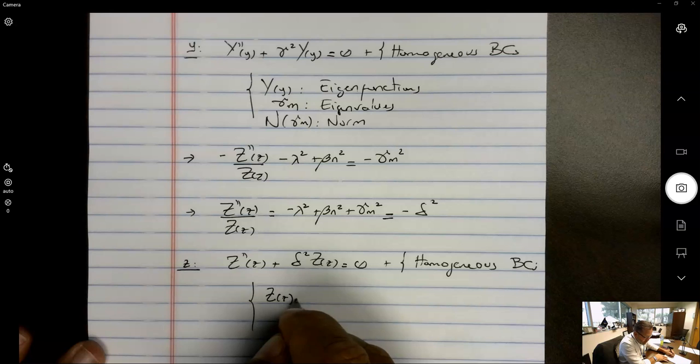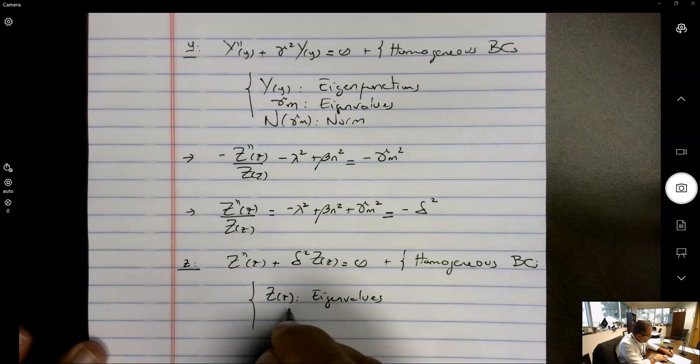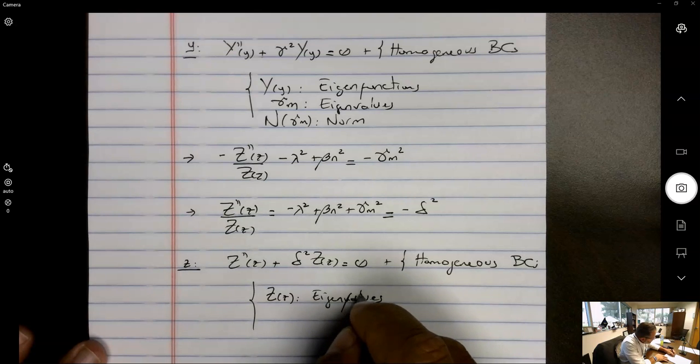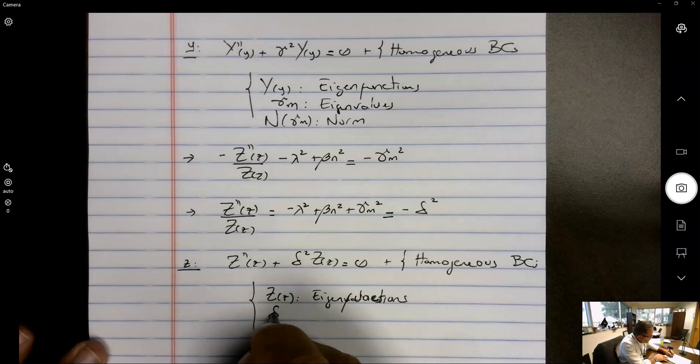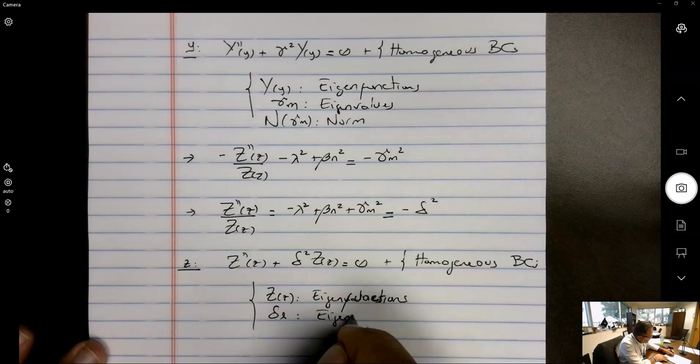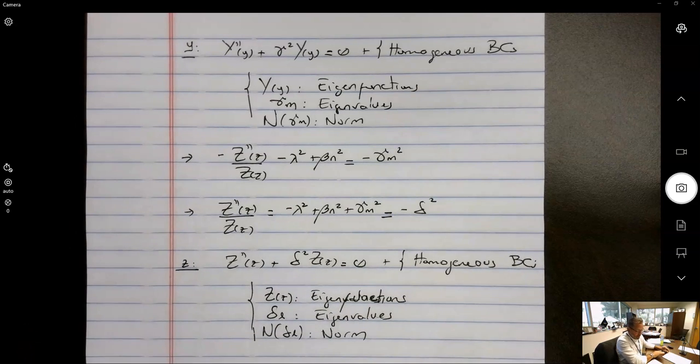Z of z is going to be some eigenfunctions. The delta L, so I'm going to use the index L, are the eigenvalues. The norm of delta L, N of delta L, is the norm, again directly from the table.